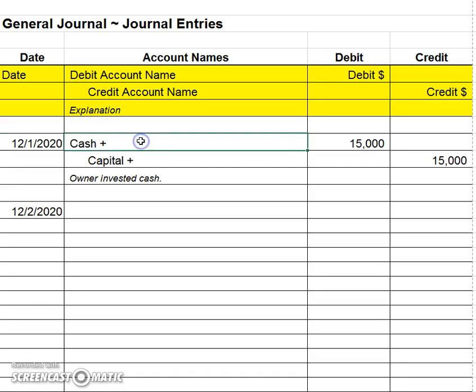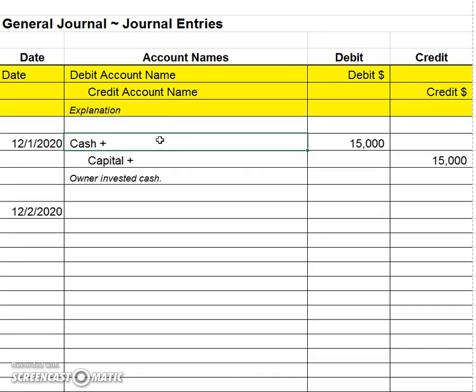So in this case, I'm putting the word cash, which is the account name, on the first line, which is the debit line, and I'm putting $15,000 in the debit dollar amount column. I have just put this little plus on the end of the cash to remind us that a debit increases cash.